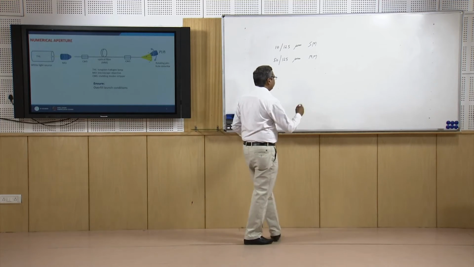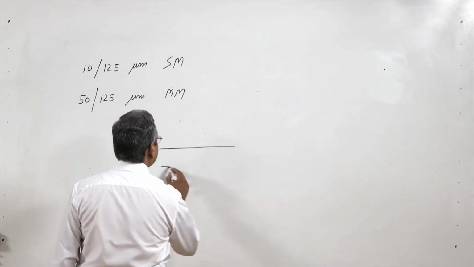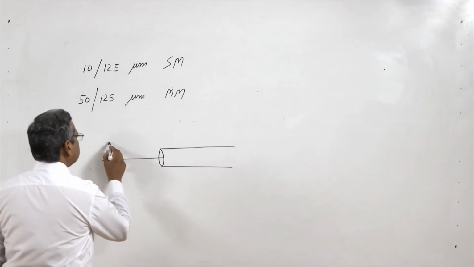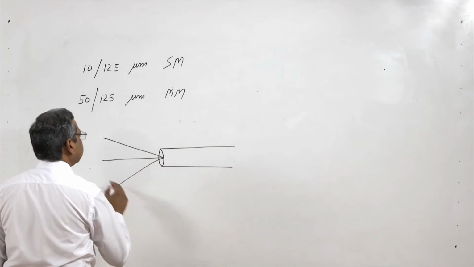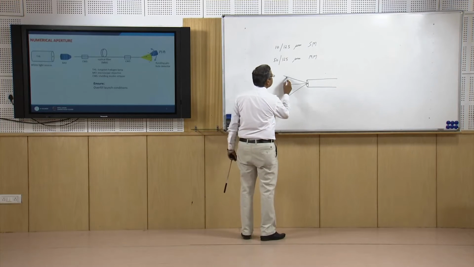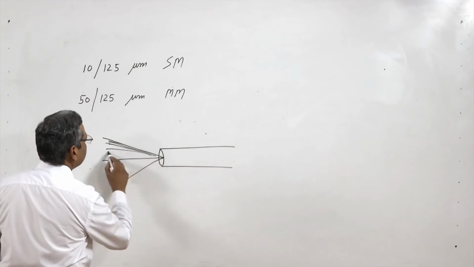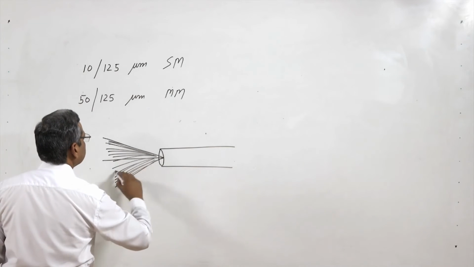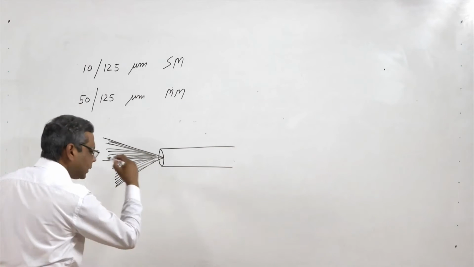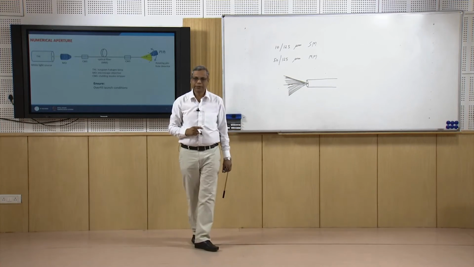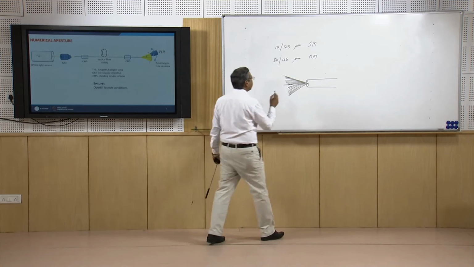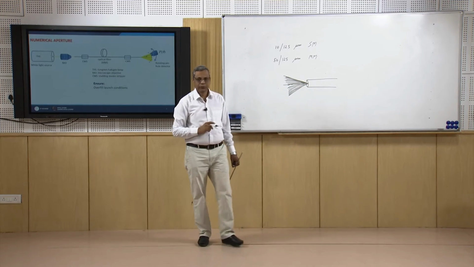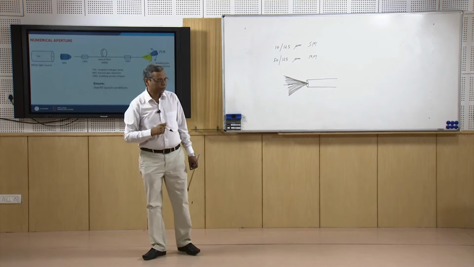If you have a fiber like this, and this is the cone of guidance, in order to fill this completely, you can use a white light source, so that this forms a continuum. Otherwise, you have guided modes which are discrete. So, in order to completely fill this numerical aperture, you should use a white light source.